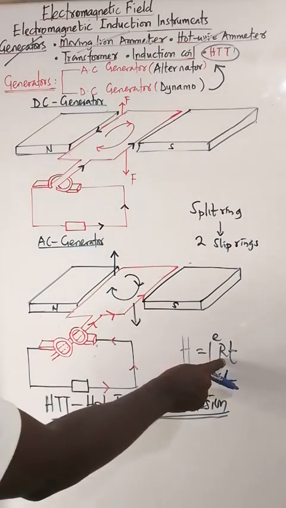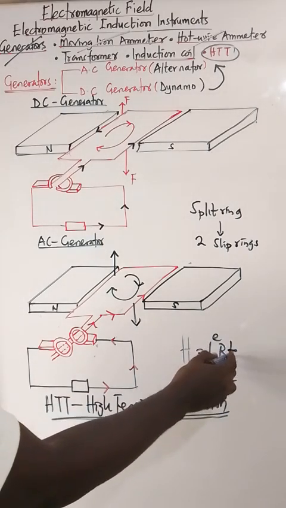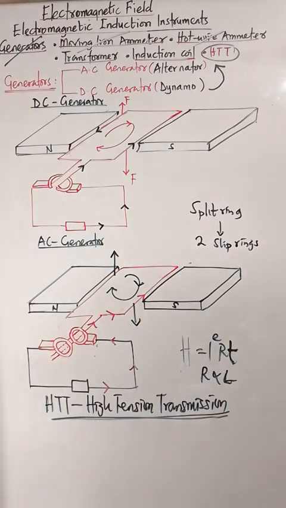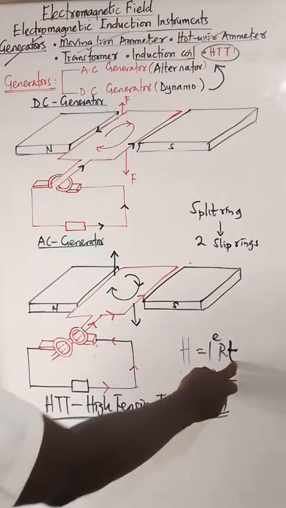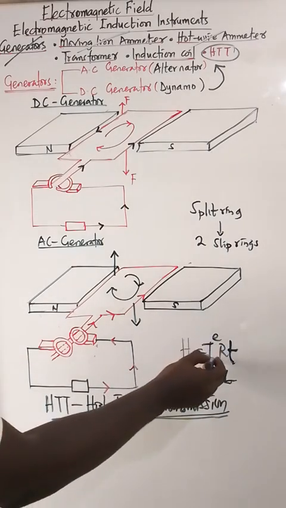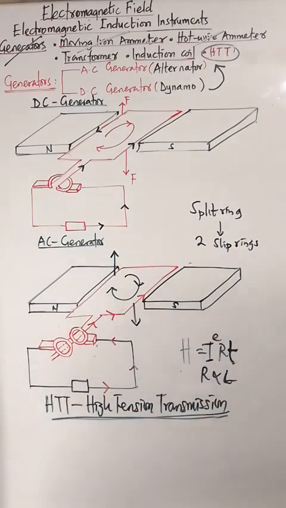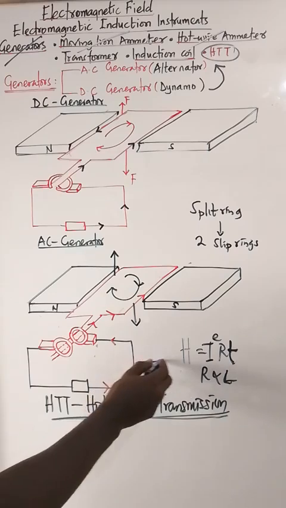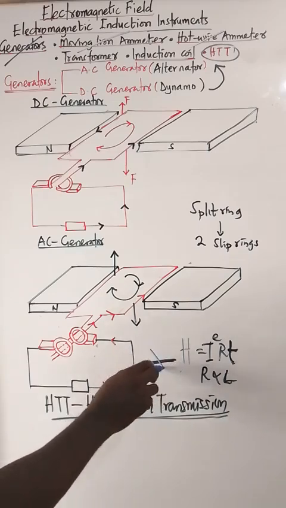Now, since R is very high and the current will pass through over a large amount of time, it can spend days or even months where the current will keep flowing. So R is high, T is high. The heat generated will also be high. Now, if the current is also high, we square it again. Then it means the heat generated will be too much. And in that case, the wire will melt, and after that, it's cut off.